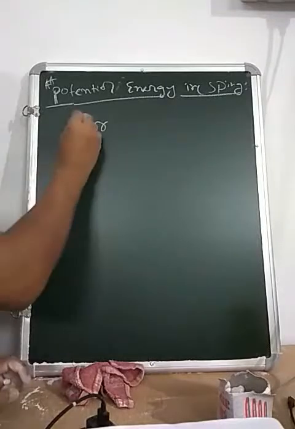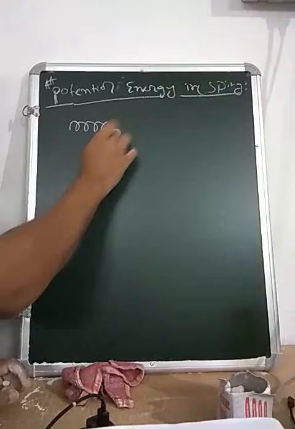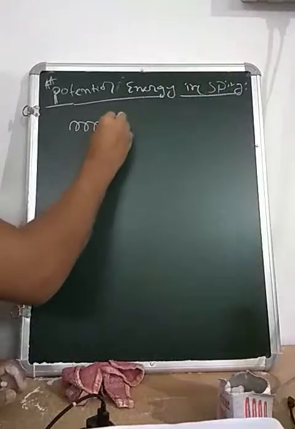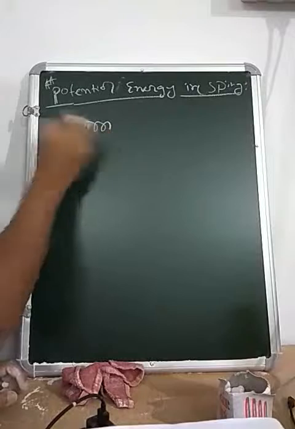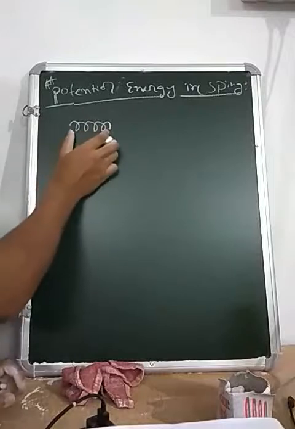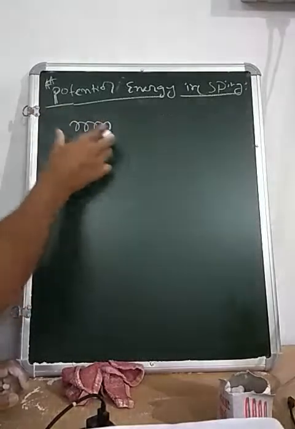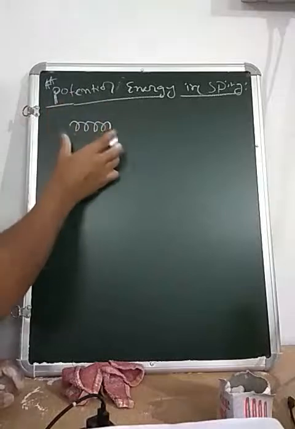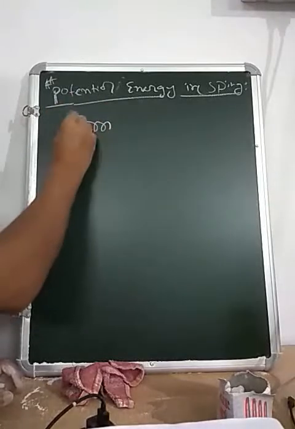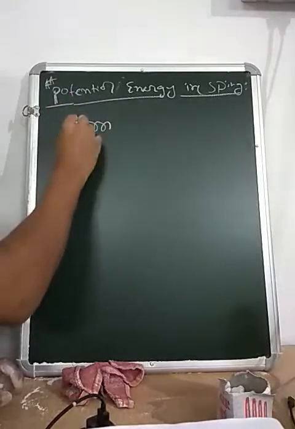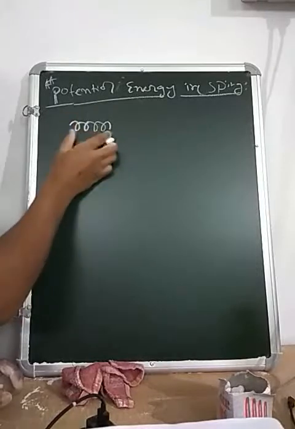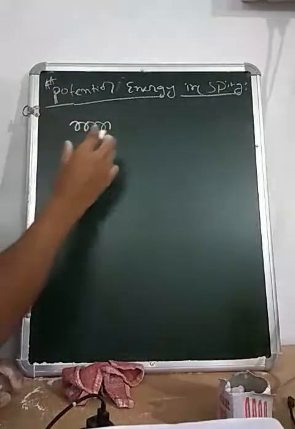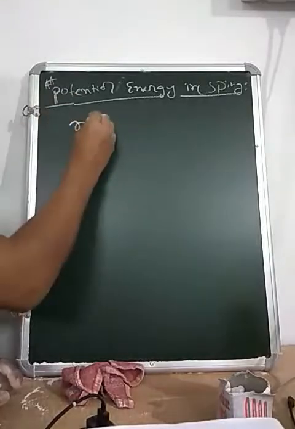So what happens? The spring itself opposes the external applied force. The applied external force is opposed by some force from the spring. When you compress a spring, it will exert a force on the fingers.